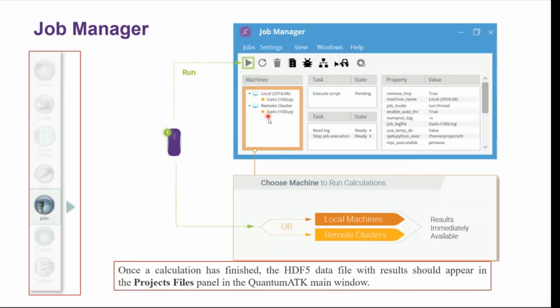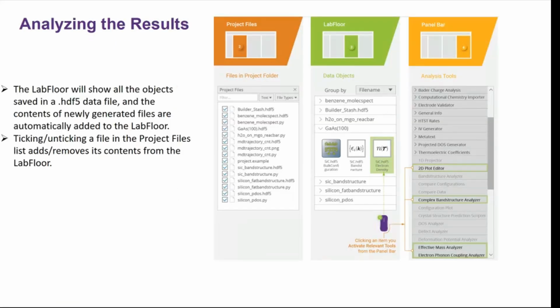So even after putting the structure into the job, your task is not done. You have to click that particular file and start it manually. Once the project finishes, the result will come into your lab floor, so you have to check the lab floor.